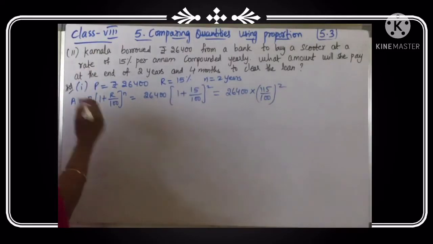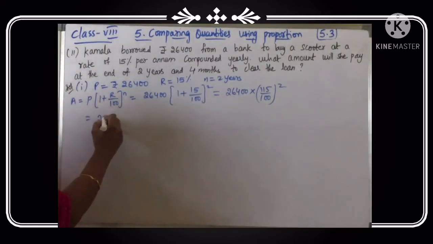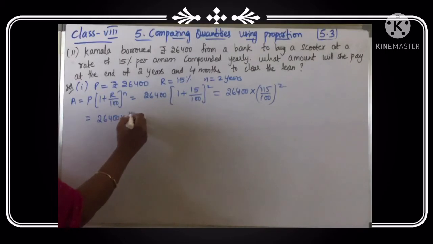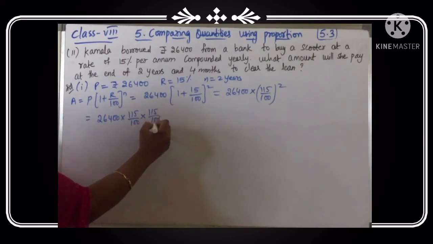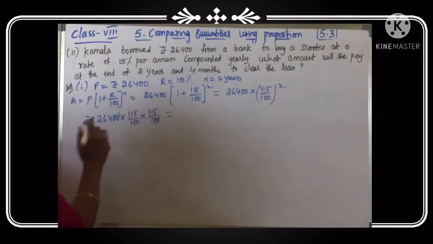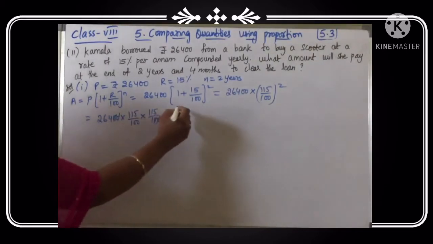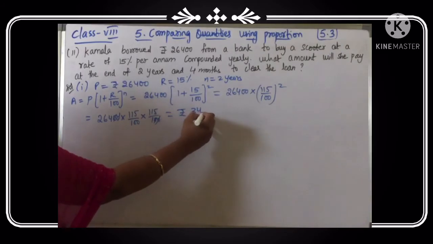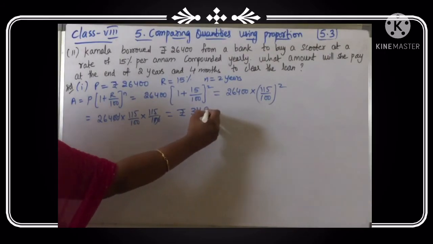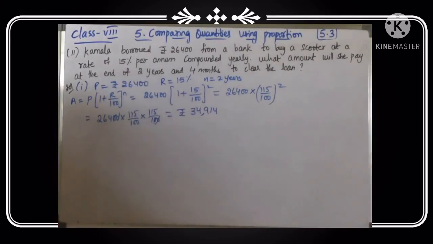That is nothing but 26,400 into 115 by 100 into 115 by 100. Here 0, 0 gets cancelled. So finally you will get amount as 34,914.